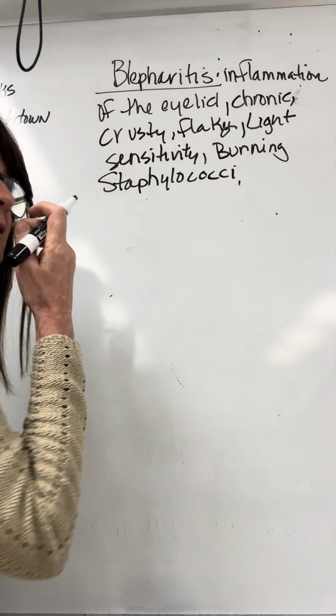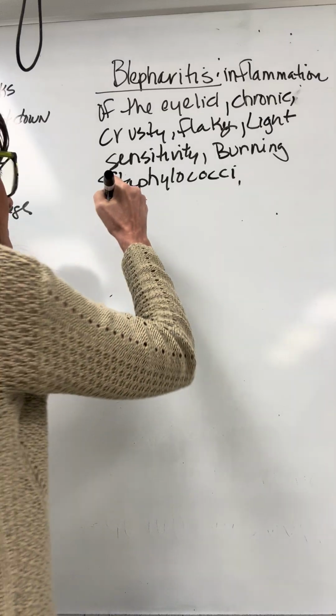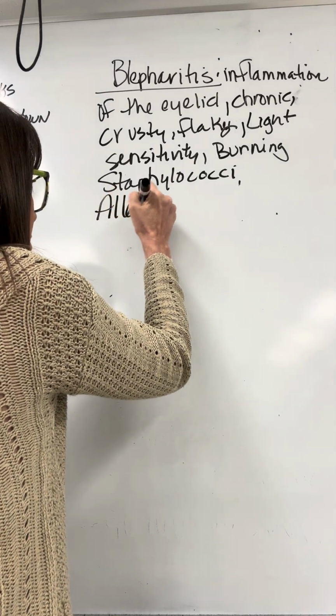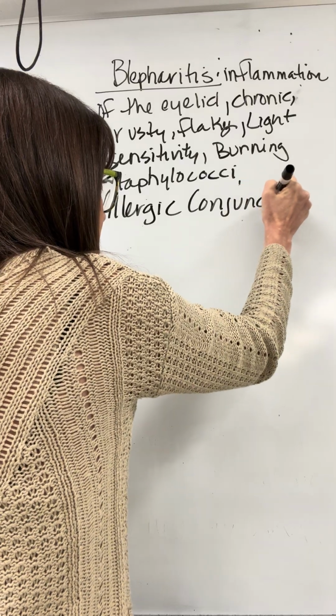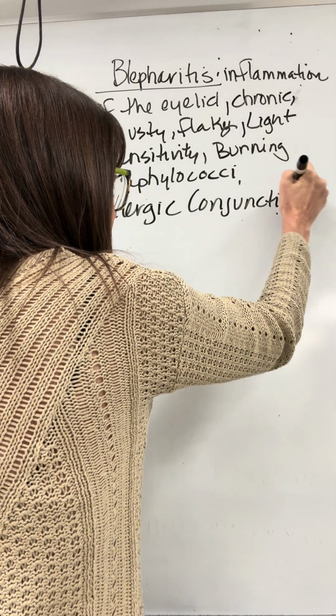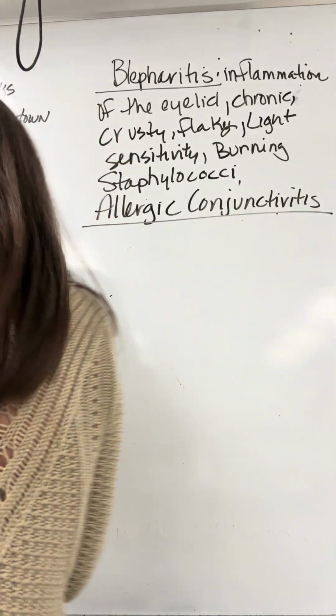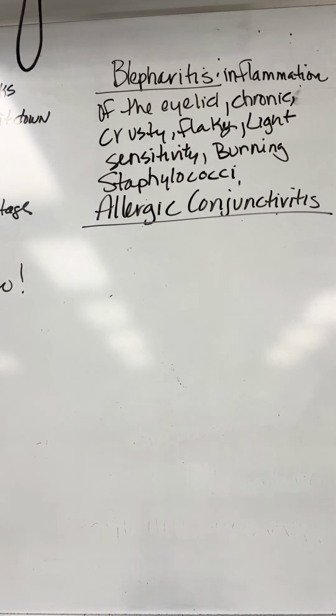So we've heard of conjunctivitis now for a year, but if you get soap in your eye, then you have what is called allergic conjunctivitis. You're having an allergic reaction because soap isn't supposed to be in your eye. Dirt's not supposed to be in your eye. Pollen's not supposed to be in your eye.